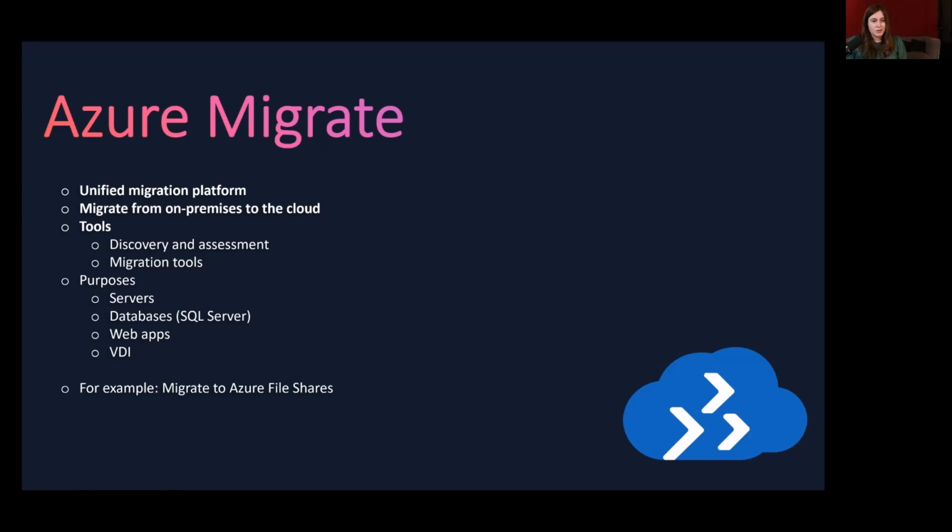And then they have the migration tools ready, where you can start the migration. There are a lot of purposes that we can use Azure Migrate for. That's why I put data in brackets, so it's not only for data. It can also help migrate things like web apps or VDIs, but also servers and databases as well.